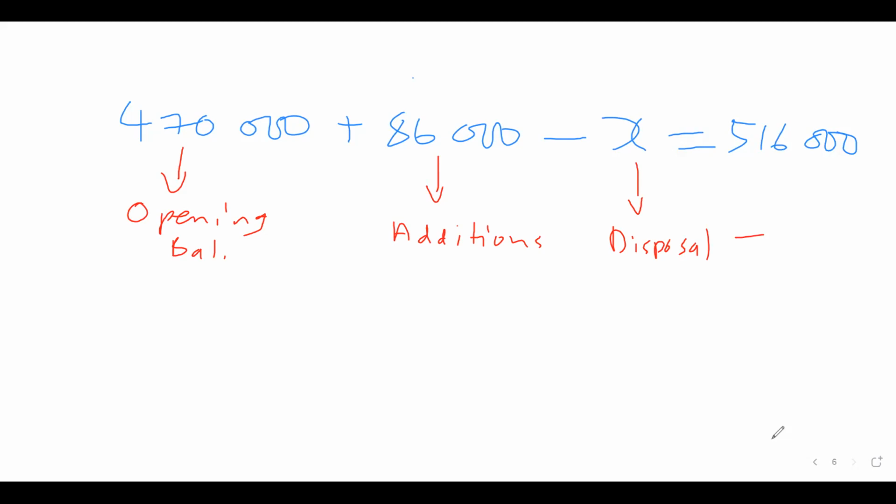Normally it is disposals at carrying value, as it's depreciation. But in this case we don't want it at carrying value because we are dealing with the cost price. We're interested in the cost price.